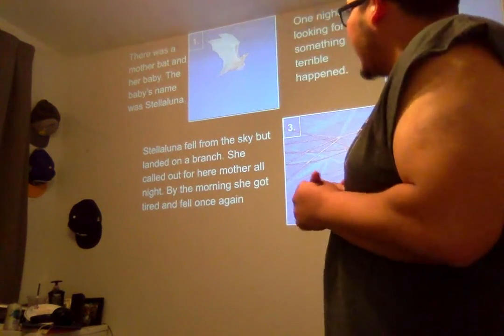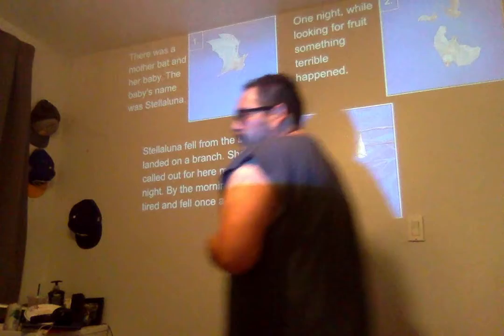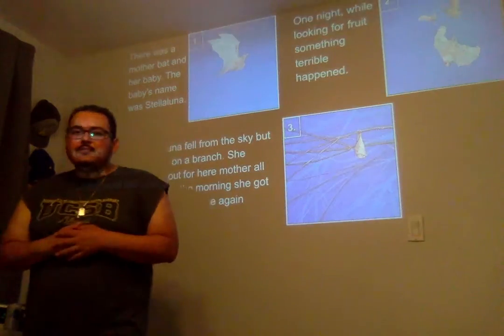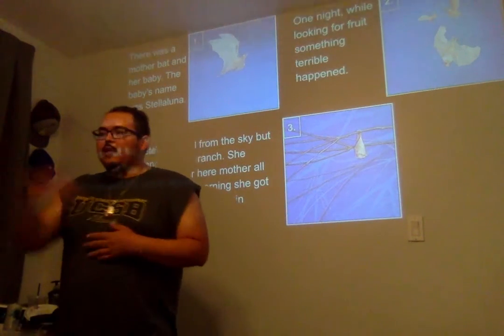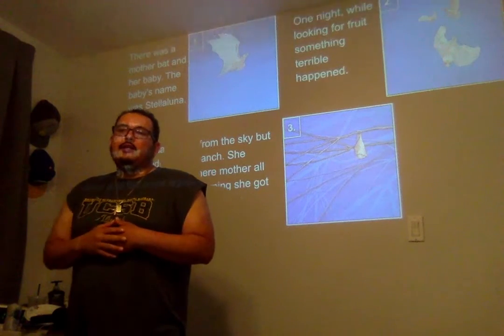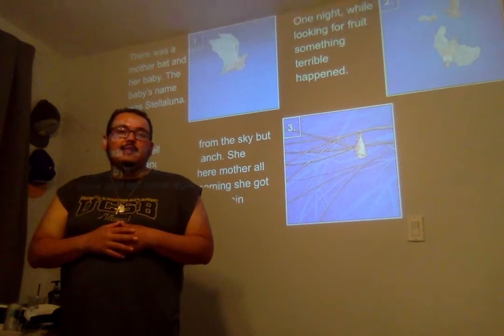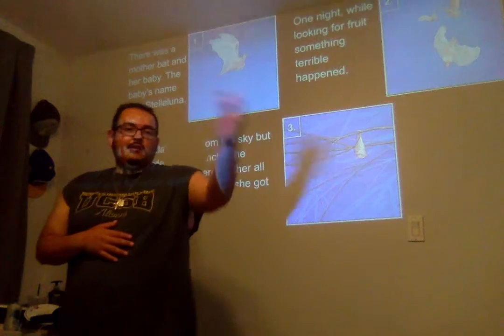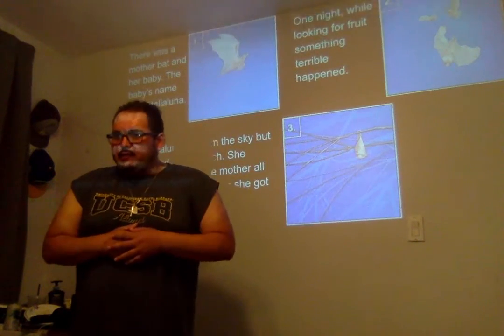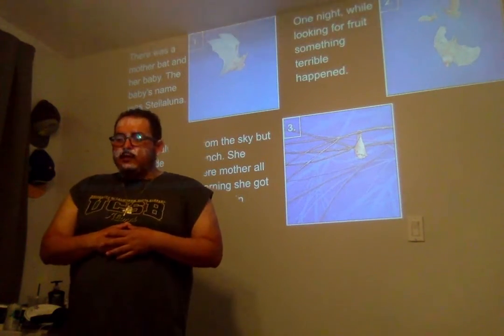They were attacked by an owl. If you think that statement comes from the story's text, go ahead and move to this side of the room. If you think that statement comes from the illustrations, go ahead and move to that side of the room. And if you think it comes from both, go ahead and stand in the middle.